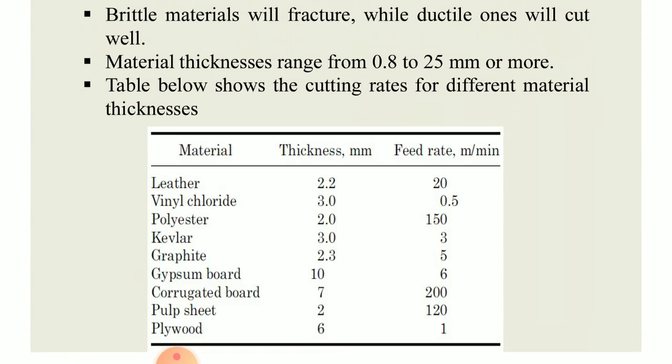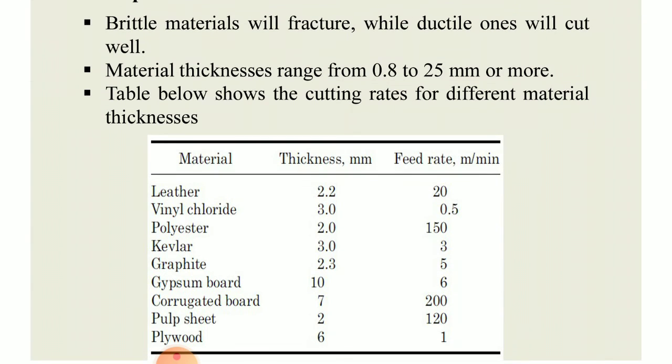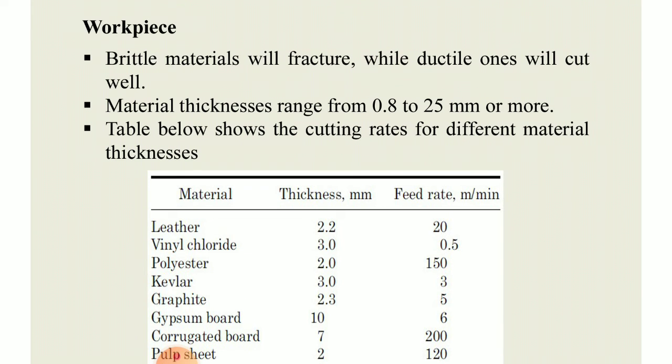Now, the table is representing material, the thickness, and the feed rate. The thickness is representing how thick a material that we can cut with the help of the stream jet of water. Brittle materials will fracture, of course, while ductile ones will cut well.